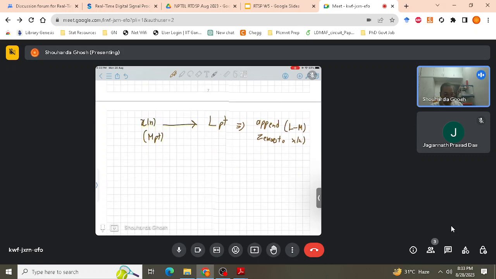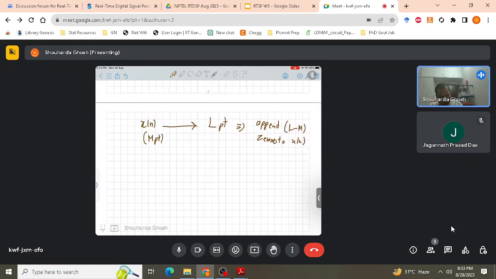And what do you do with h[n]? h[n] was an N point sequence. We also have to make it L point, so we append L minus N zeros to h[n].